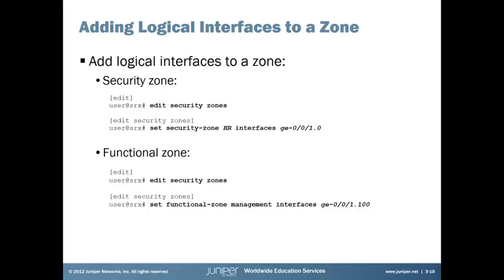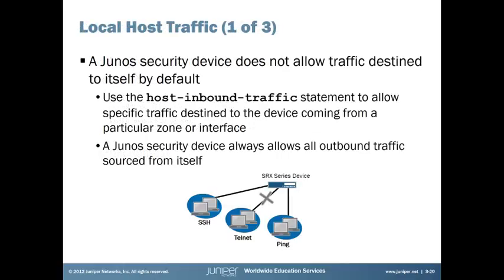Okay, so our HR department is in that zone. So we'll put that interface in that zone. And we can do the same for the functional zones. You also get to put interfaces in those as well.